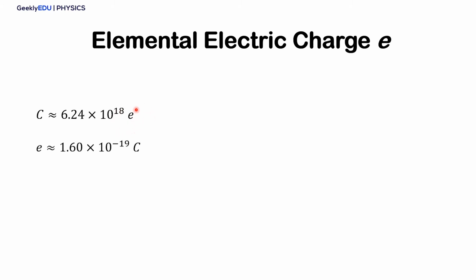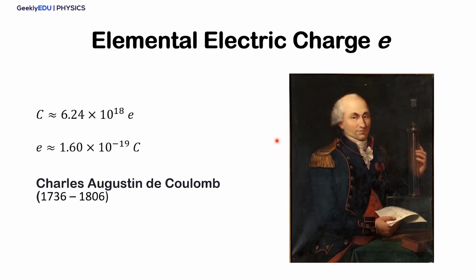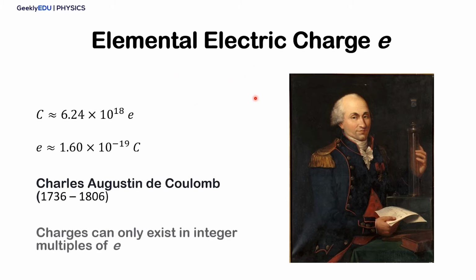So, one electron has a charge of the inverse of this number, which is 1.6 times 10 to the negative 19th Coulomb. This unit, Coulomb, is named after Charles Augustin de Coulomb. He was a French scientist and the first person to start measuring electric charges. One thing you have to keep in mind is that charges can only exist in integer multiples of e, the charge of an electron.